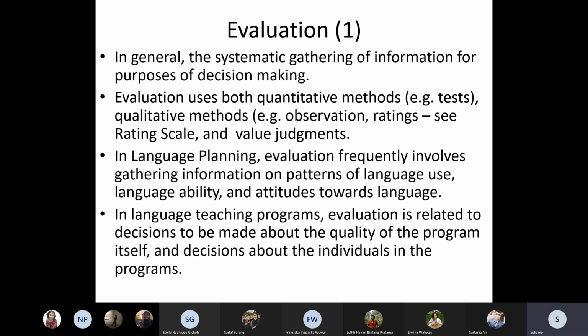So before starting our discussion presented by Arvina and Hakim, at least we have a complete picture of what is meant by evaluation, assessment, and test, or later teaching. If we refer to Brown, you have assessment, test, and teaching.